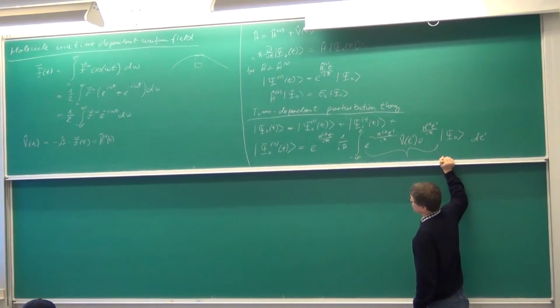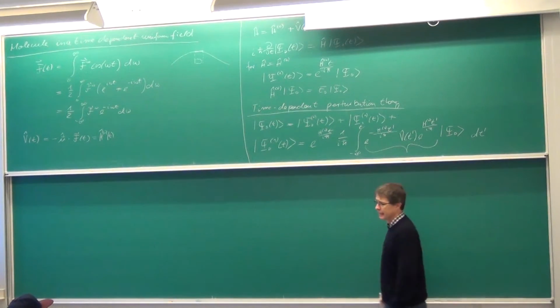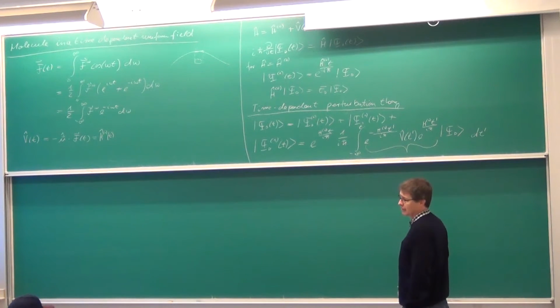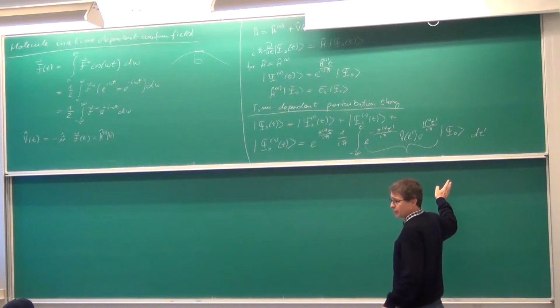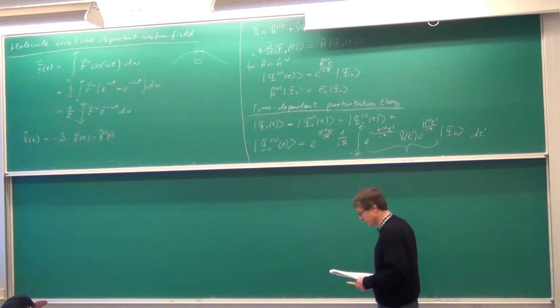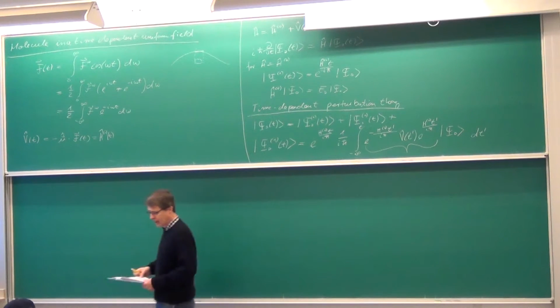So that's a first order wave function. A second order wave function is very similar, just much longer, because then we have twice the perturbation operator acting on this: two integrals over time with two perturbation operators acting on the unperturbed wave function.